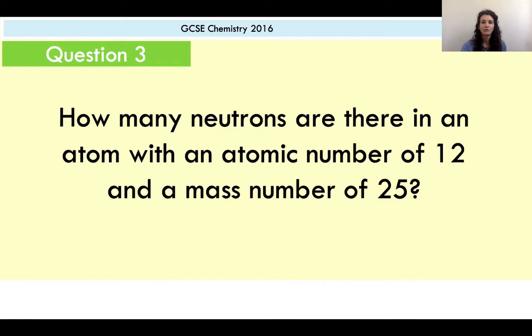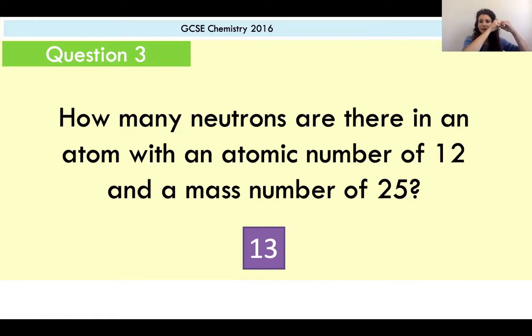How many neutrons are there in an atom with an atomic number of 12 and a mass number of 25? Well done, 13. And if you're not sure how we got to that, remember the mass number, this 25, is the protons and the neutrons.